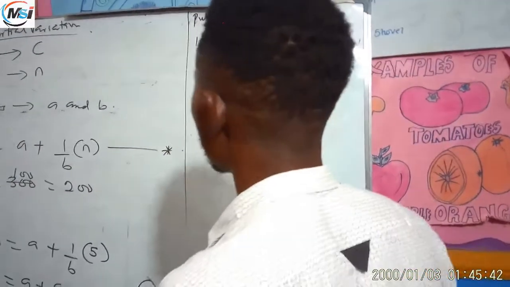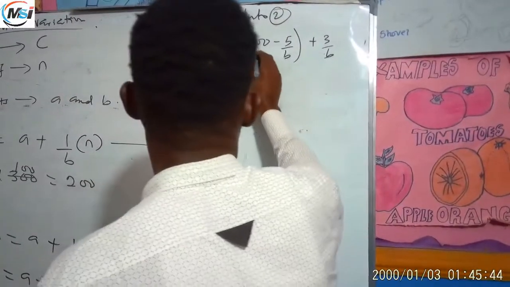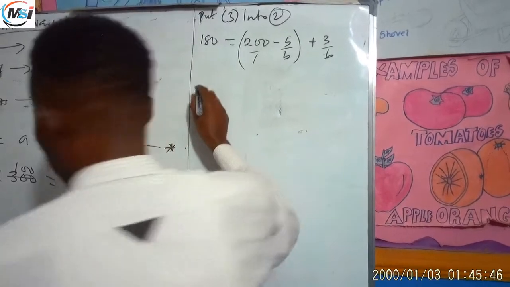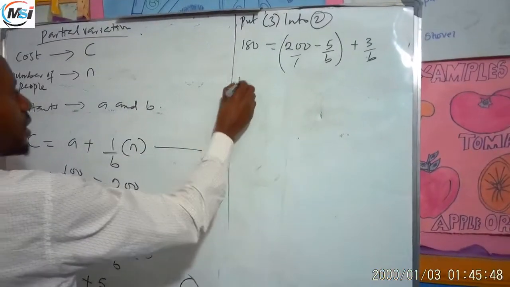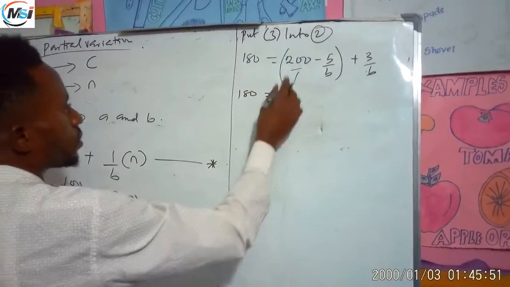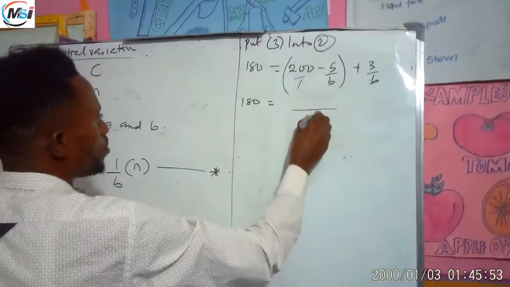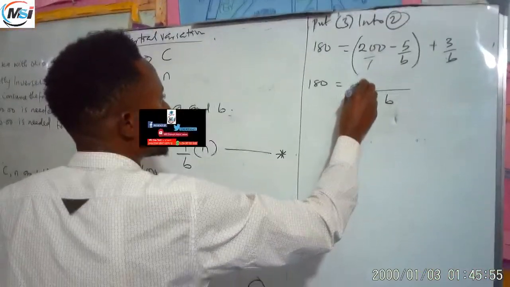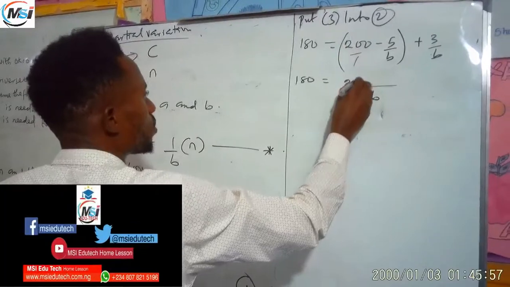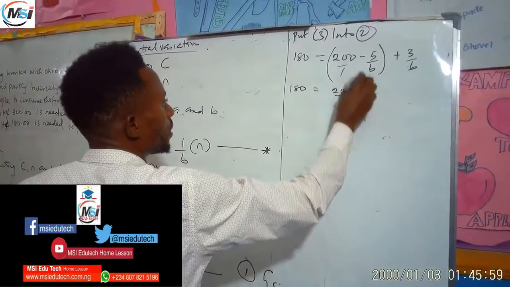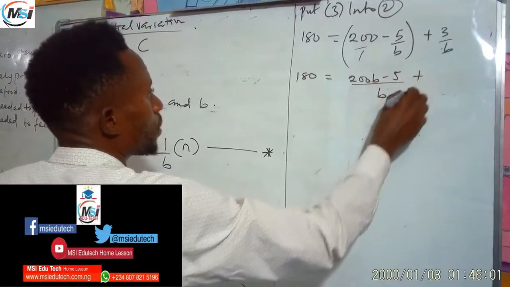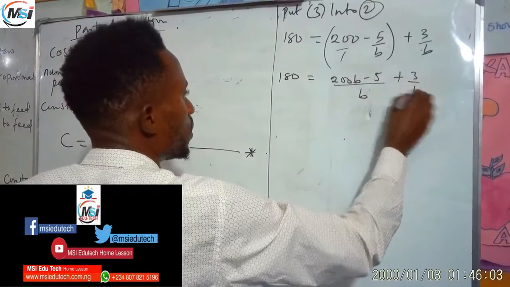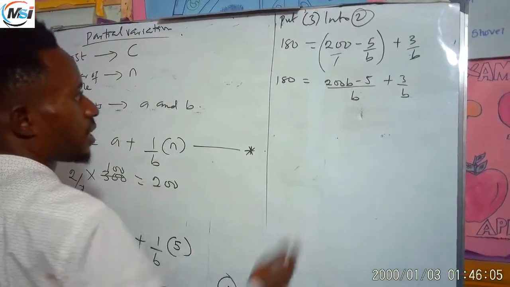This has led us to a simple equation, which is 180 is equal to, let's take the LCM of this and this, B. You have 200B minus 5 plus 3 over B. Then you resolve it like this.